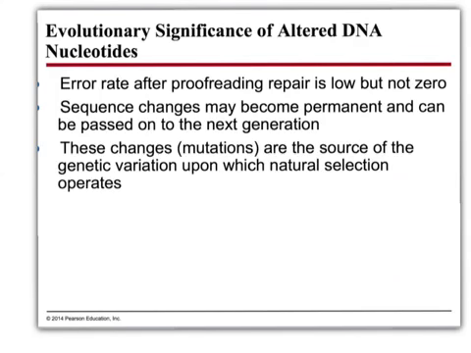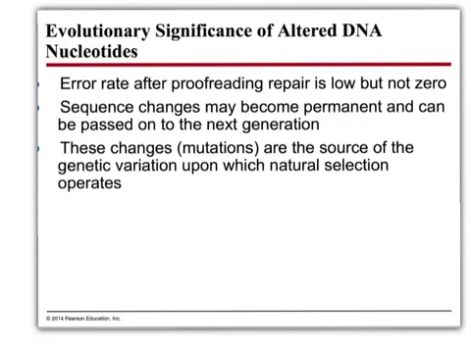What does this mean in terms of evolution? Because of the proofreading ability of the enzymes, the error rate tends to be very low. But we know that mutations do occur, so the error rate's not zero. It's not a perfect system. And what's the advantage of it not being a perfect system?